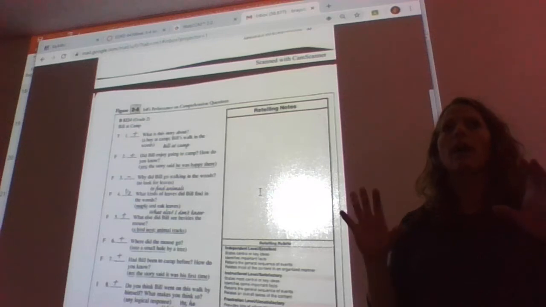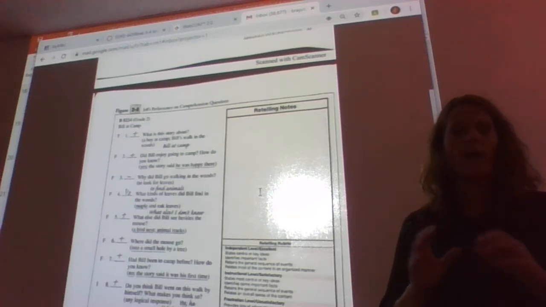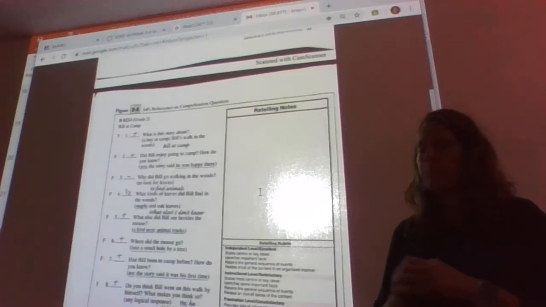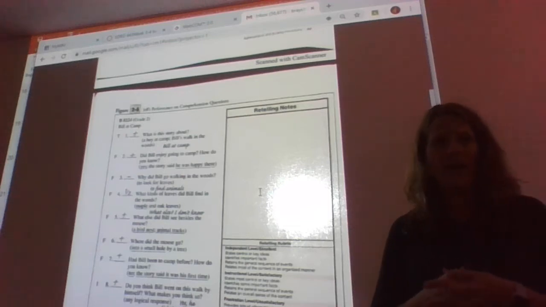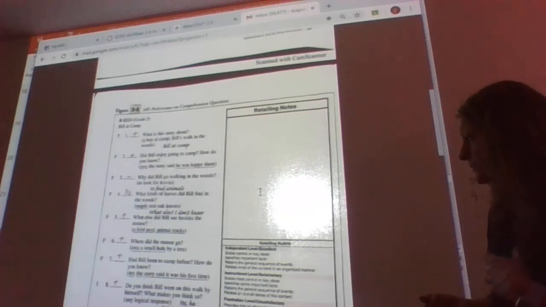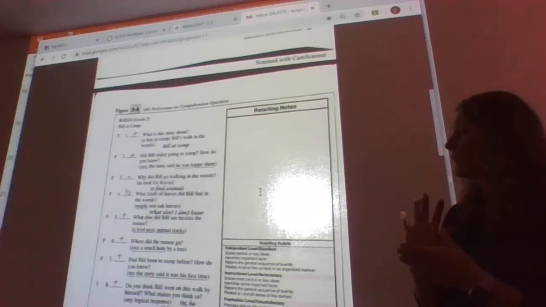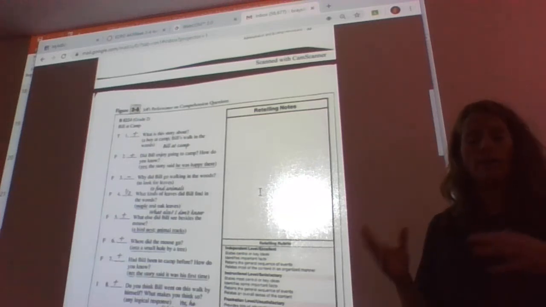And so we have to look at that as a combination to decide what that overall level is considered. And I'll try to give you some more examples of that, and I will talk about this on Wednesday night when we visit in person. So for this particular passage and comprehension questions, we would consider this overall level of instructional.